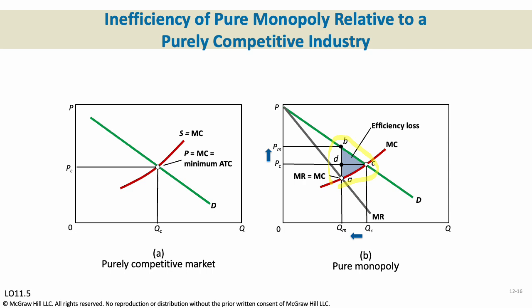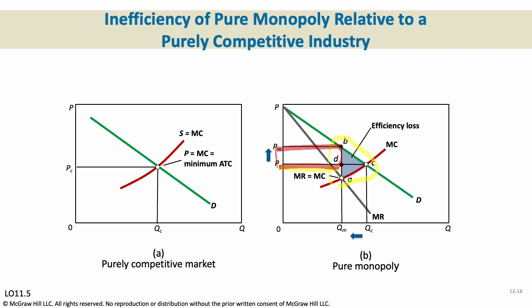And there is a transfer of income from consumers to the monopoly as well. Rectangle PCMBD. I'll switch to red. This part right here, that is going to be a transfer of income from consumers to the monopoly.